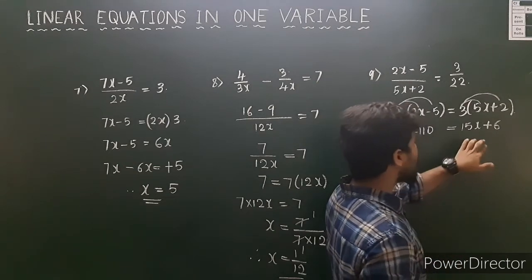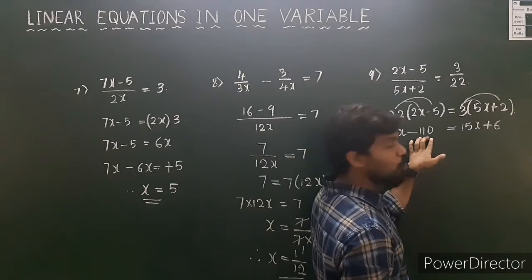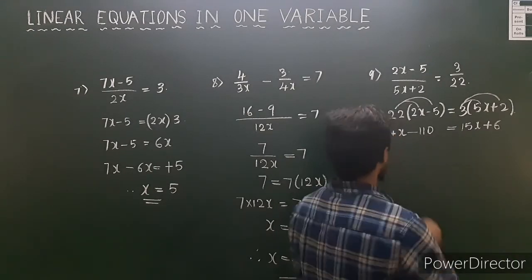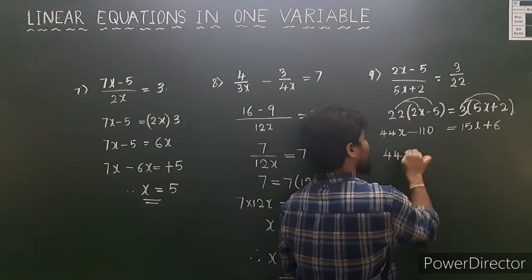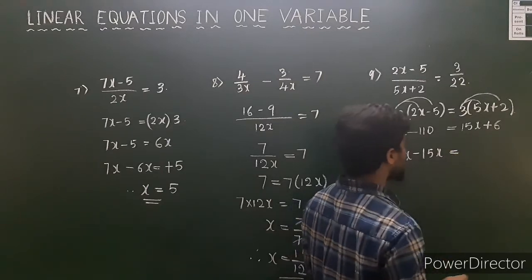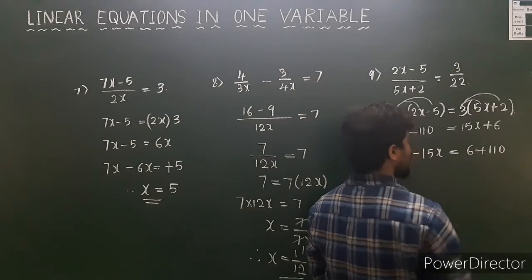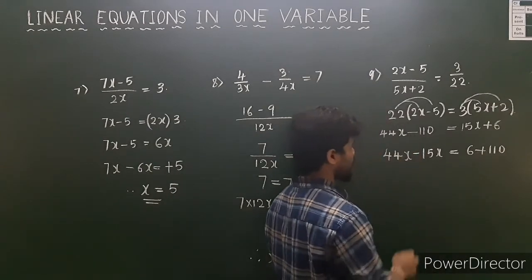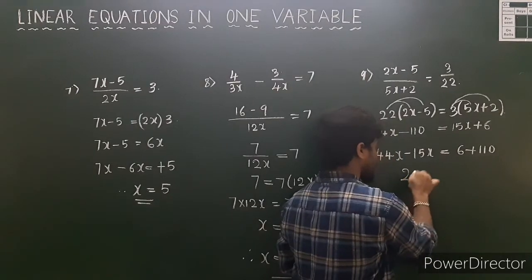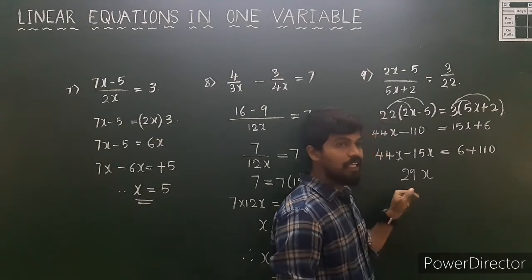So transpose 15x to LHS and transpose minus 110 to RHS. So you get 44x minus 15x equal to 6 plus 110. So 44x minus 15x, you get 29x. When you subtract 44 minus 15, you get 29x.